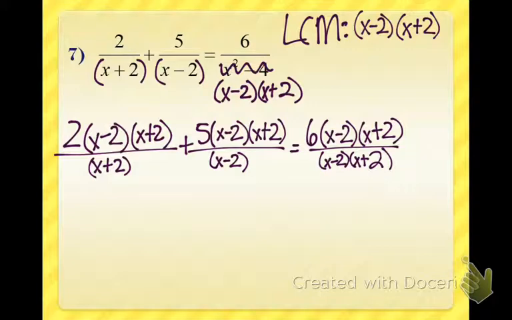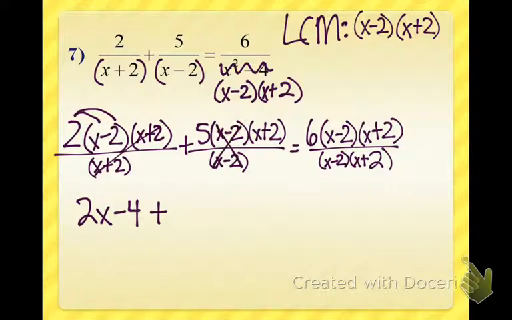On these ones, I think the canceling part is even easier. What cancels out of my first one? X plus 2's. So what are we going to have to do with the 2 and what's left over? Distribute. So that gives me what? 2x minus 4 plus what simplifies or cancels out in the next one?